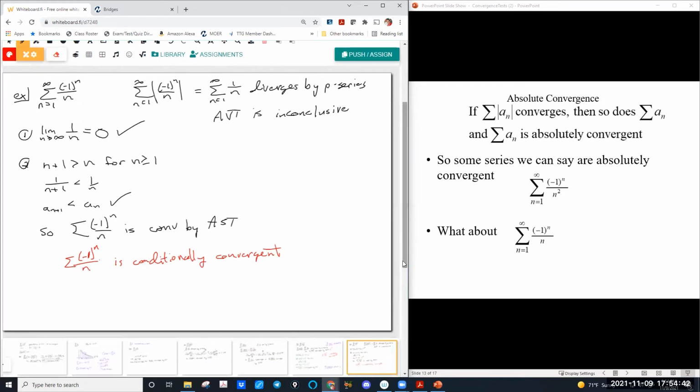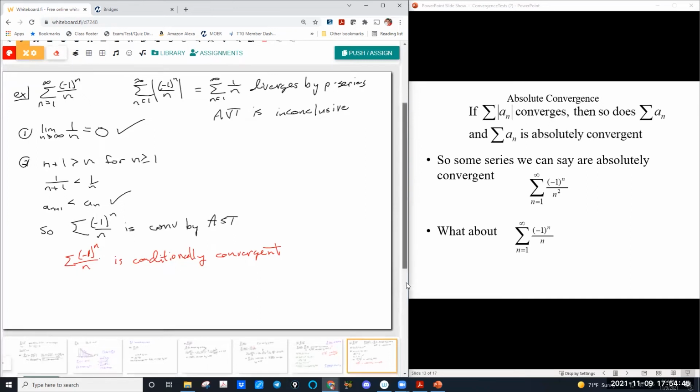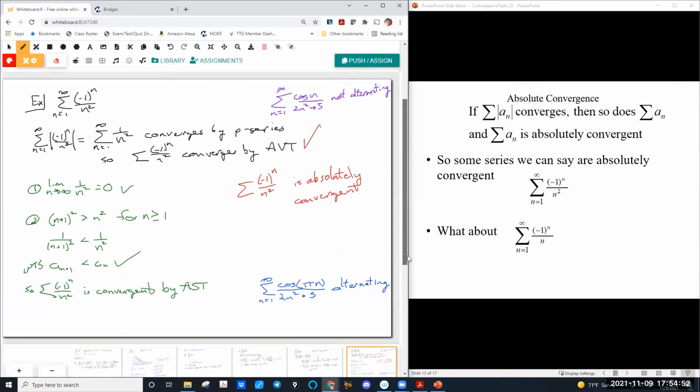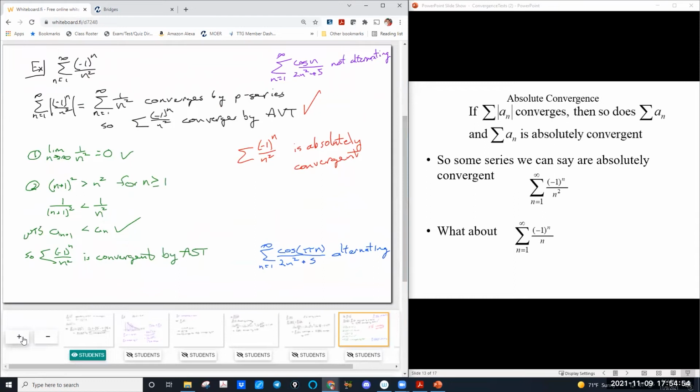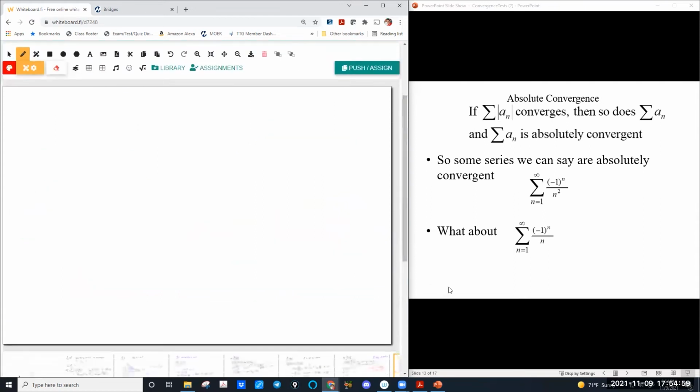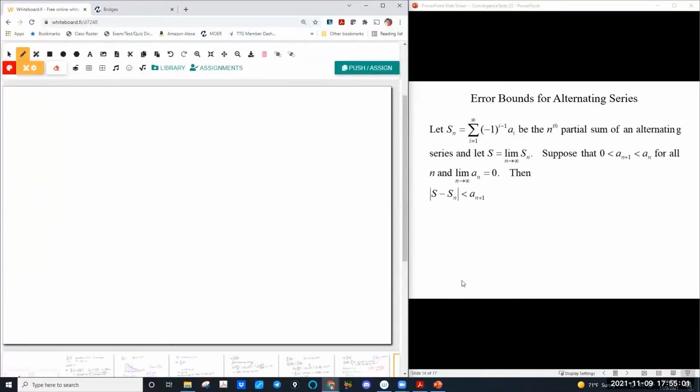Then the next thing I want to talk about is actually not a test. It's actually the error bound for an alternating series. All right. And the idea behind this is actually pretty cool. Let's see how well I can represent it.